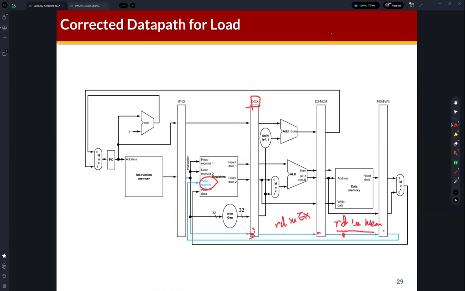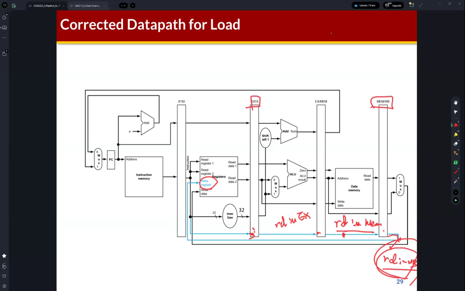And if this RD in the memory stage is sampled by the memory and write back pipeline register, this RD is the RD in the write back stage. Because this load instruction stores the data in the write back stage to the register file, we also need to use the RD in the write back stage, not the RD in the ID stage.